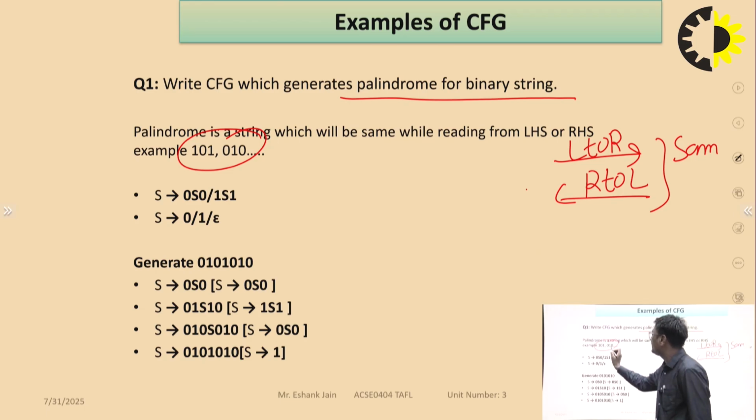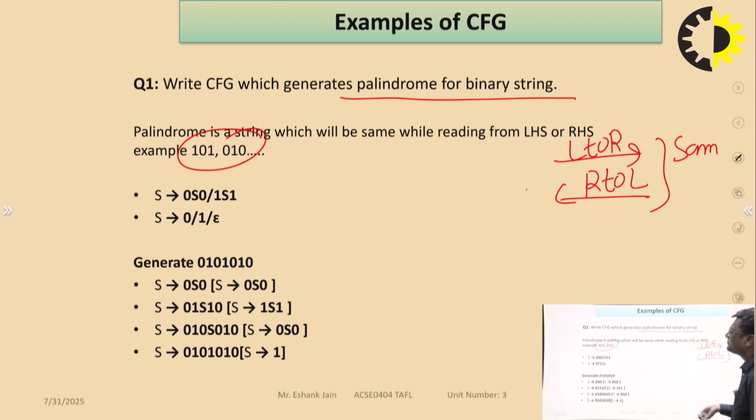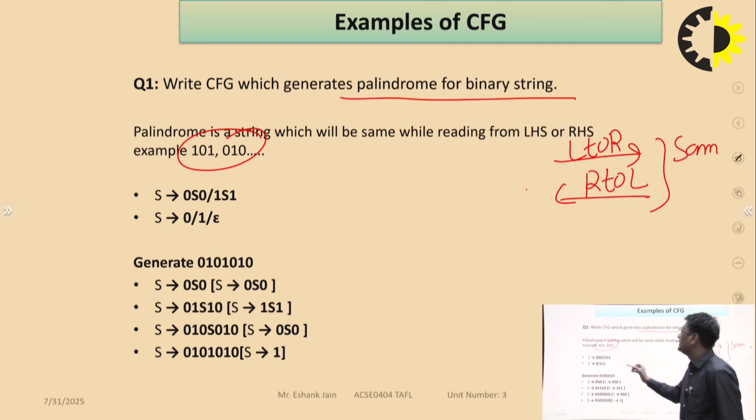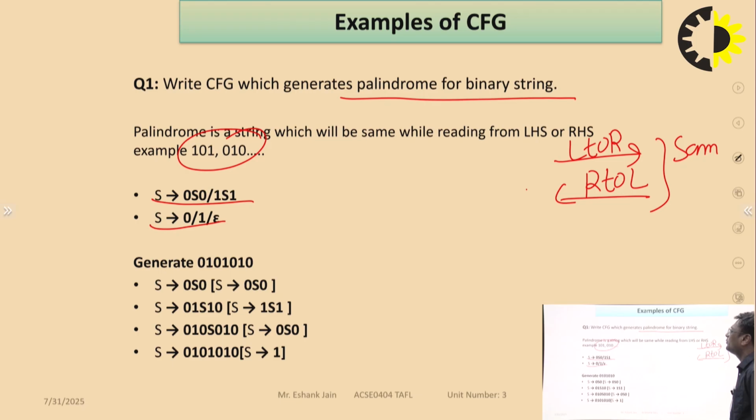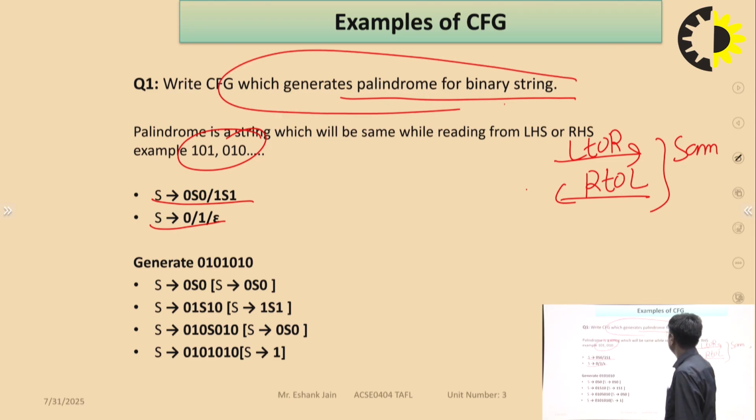So 101 and 010 are examples of palindromes. So we have these productions for this particular CFG.